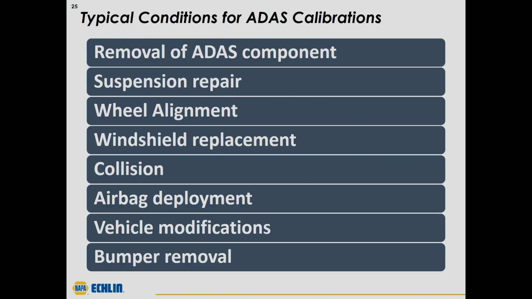So some of the conditions that we're going to have for an ADAS calibration would be if we remove one, and this doesn't mean just removing the component. It may be removal of a front bumper. So if you're doing an AC condenser on a vehicle, for instance, this Toyota RAV4 that we have, if we take that bumper cover off and the radar is actually in the bumper cover, we've now just misaligned this radar after we've reinstalled the bumper.